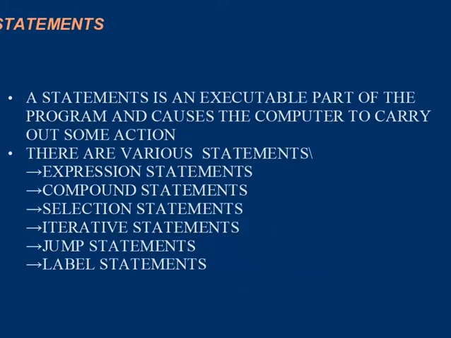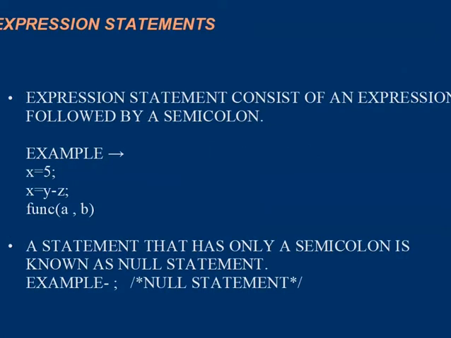Moving to the next, statements. A statement is an executable part of a program that causes the computer to carry out some action. There are various statements like expression statements, compound statements, selection statements, iterative statements, jump statements, label statements. Expression statement consists of an expression followed by a semicolon.